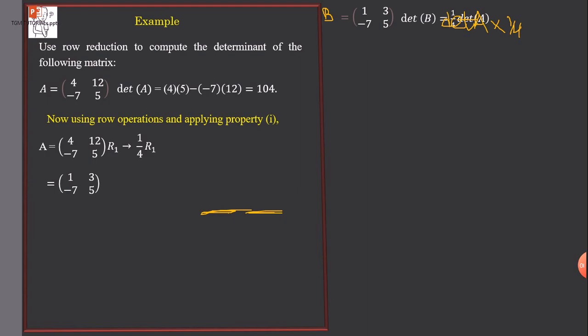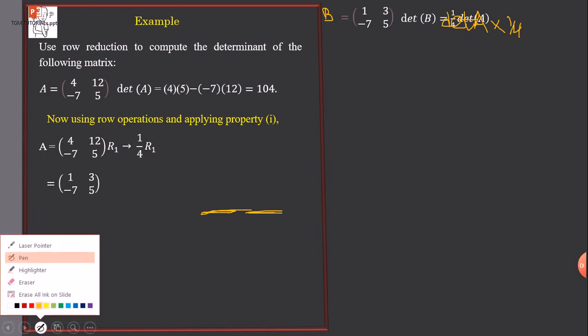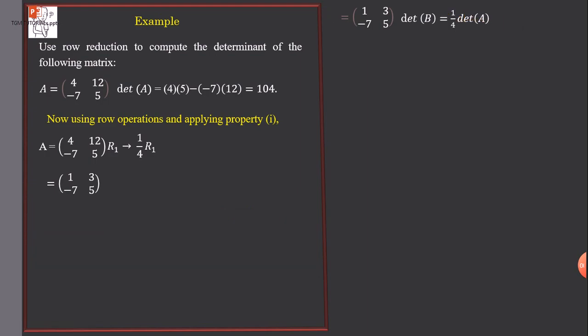So the determinant of B should be equal to 1 over 4 determinant of A. The determinant of B is given as 26, but for the determinant of A we have 104. So to make sure that the determinant of B is equal to the determinant of A, we multiply 1 over 4 by 104, which gives us 26.